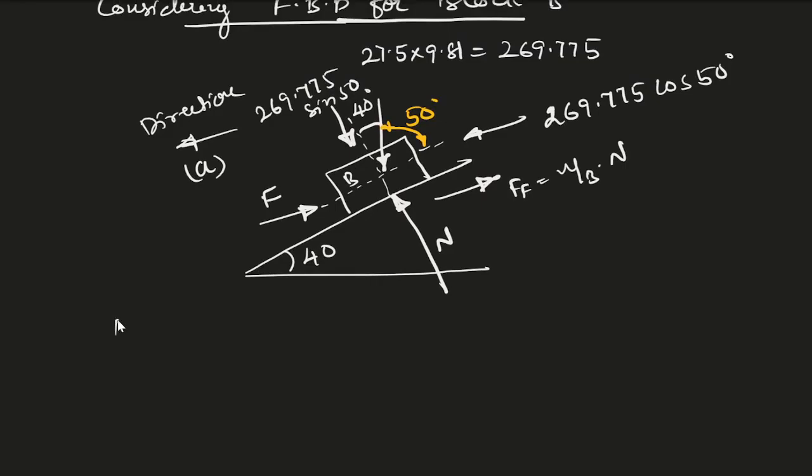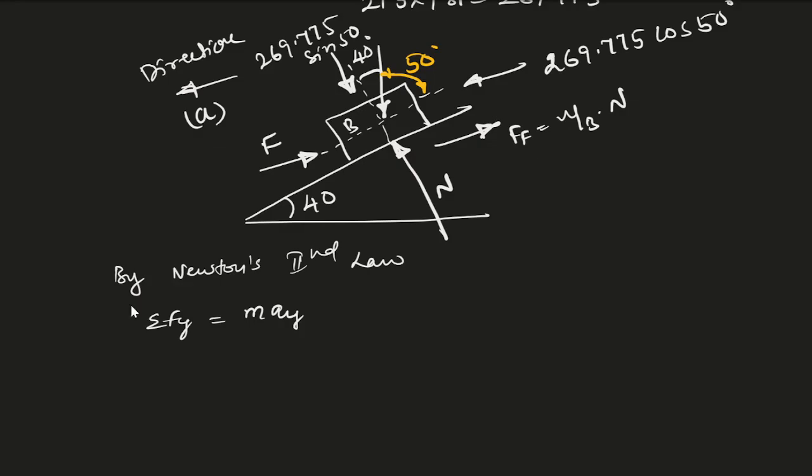Again, by using Newton's second law, I'm going to use f of y to find the normal. F of y equals m into ay. Ay will become 0 because the acceleration in the y direction is 0. So f of y gives me N minus 269.775 sin 50, equal to 0.